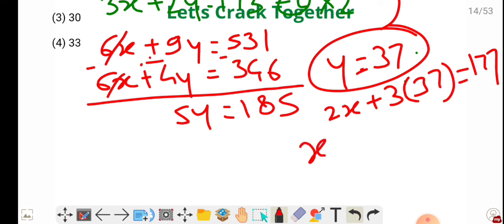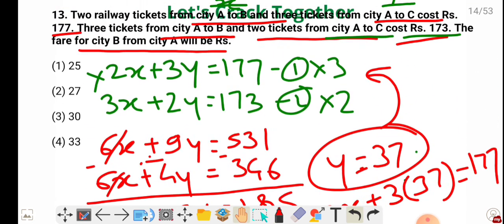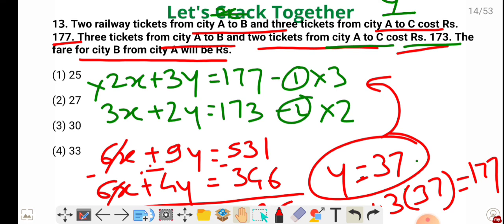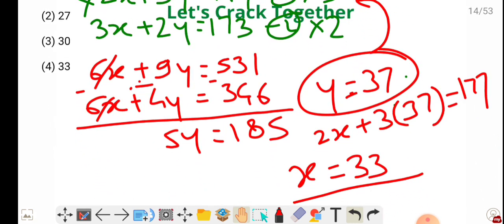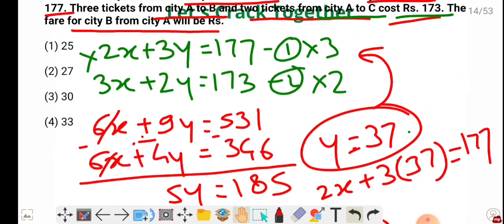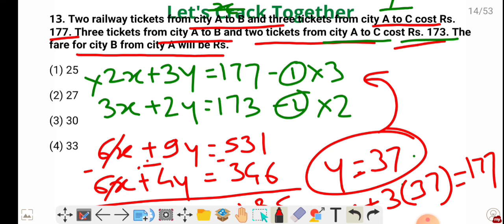In the answer we have to identify the fare from city A to B. We considered A to B as x, so our x is 33. So option 4 is correct here, that is 33. It is very simple, just make the equations and solve for x and y.